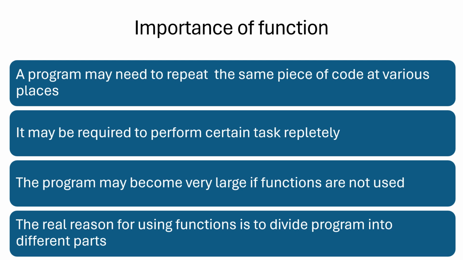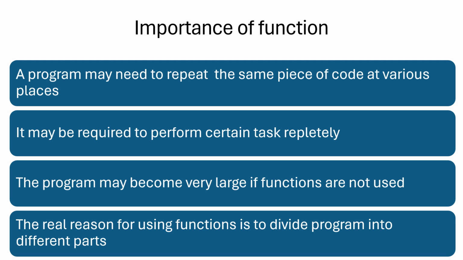We no need to repeat the coding in the program. The code can be reused everywhere. Next, it may be required to perform certain tasks repeatedly. Once we create the function, that task can be repeatedly used in different parts.